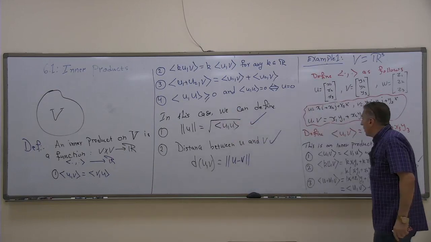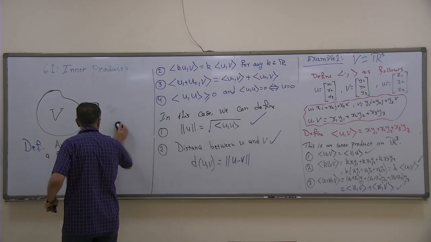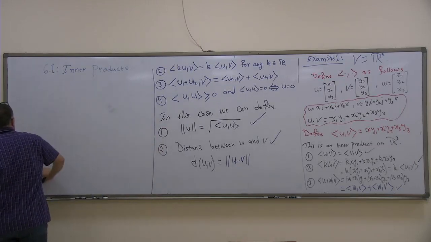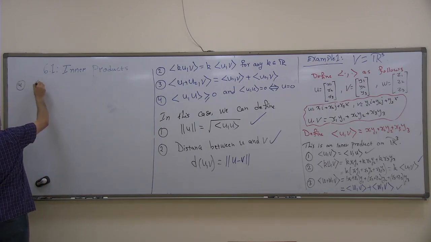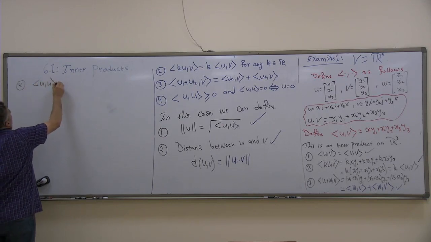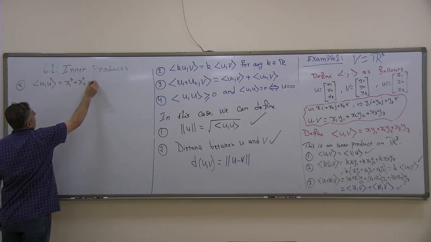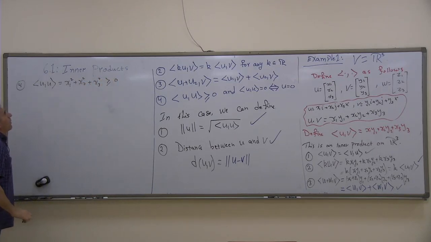More than that, let me clarify this here. So, when you have U, U, you are going to get X1 squared plus X2 squared plus X3 squared. That is larger than or equal to 0.